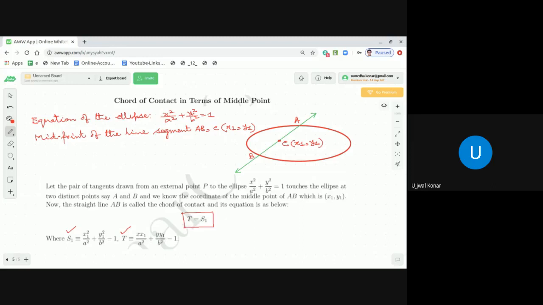Dear students, with this, I would like to conclude the theory of the ellipse. If you have any question for me, please do let me know. Okay, if you do not have any question, perfectly fine.